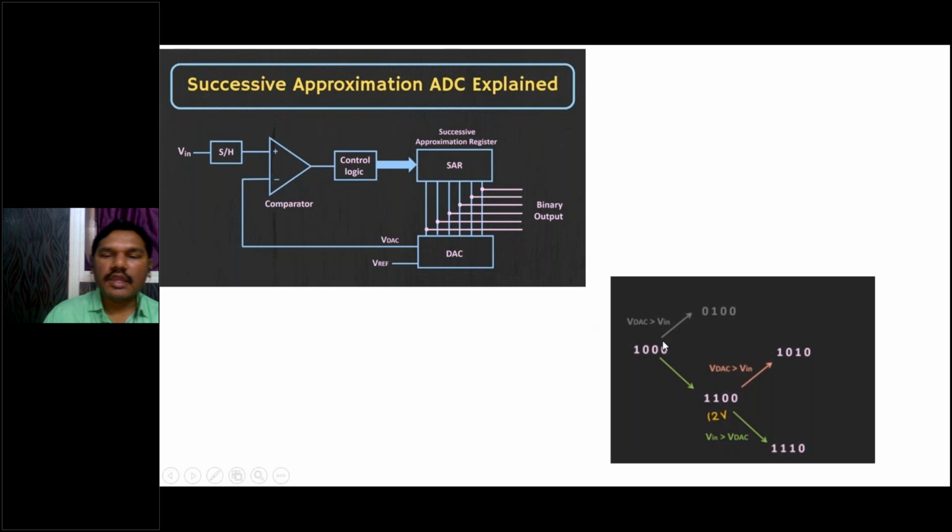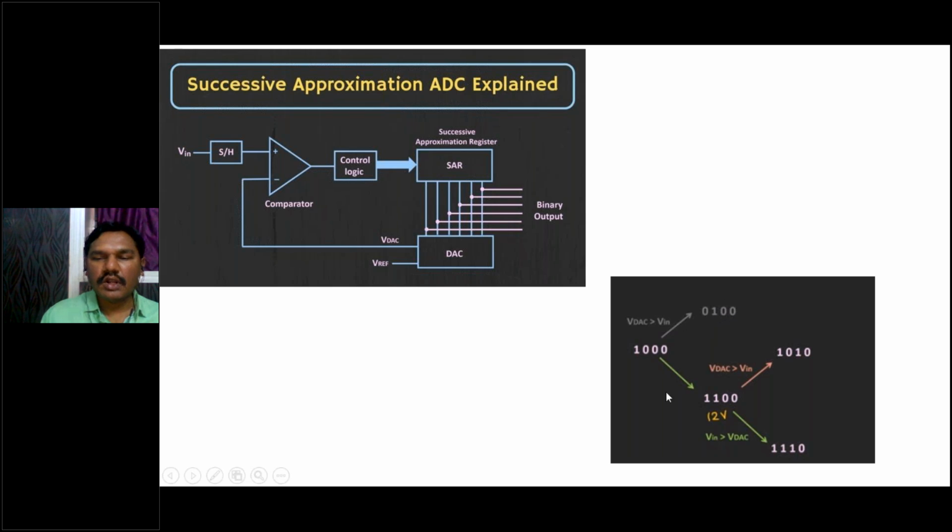If VDAC is greater than VIN, then this bit will be reset to 0 and the next bit will be set to 1. So that's why it becomes 0 1 0 0. If VDAC is less than VIN, then this bit will be kept as it is, and the next bit will be set. That's why it becomes 0 1 0 0 1 1 0 0.